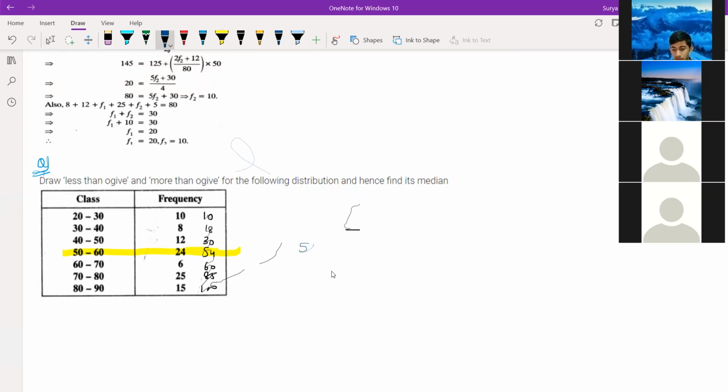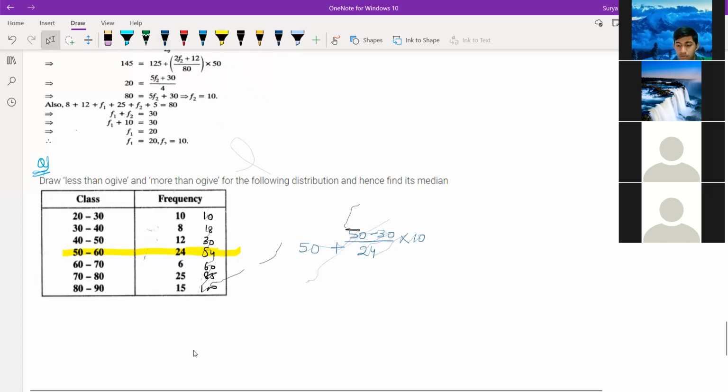Okay. So L is 50 plus 50 minus CF. CF is 30. Divided by F, that is 24. Into height, which is 10.